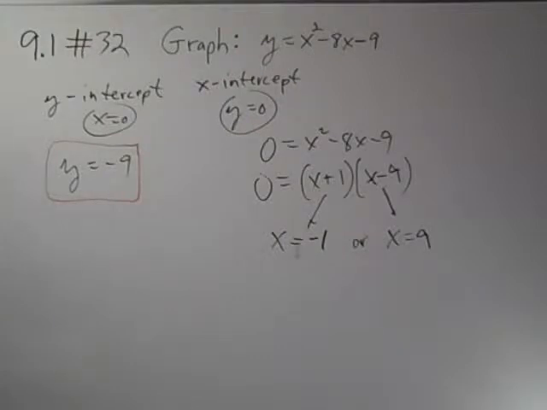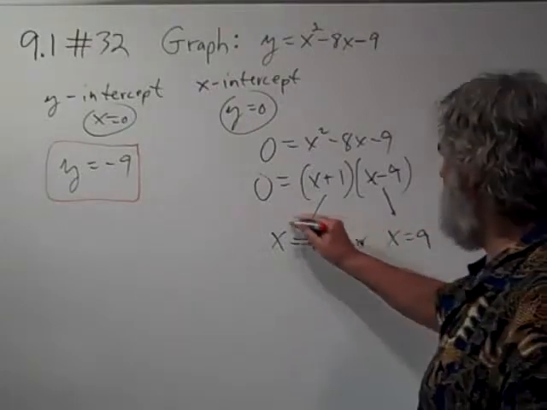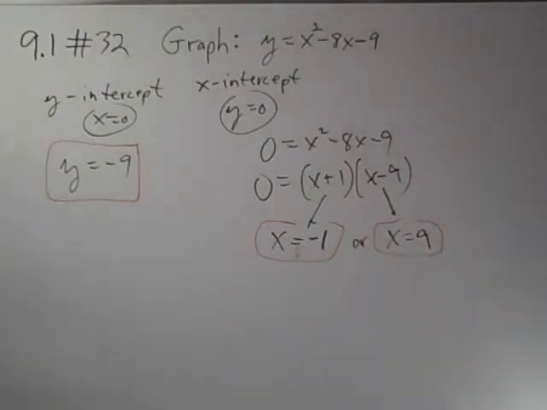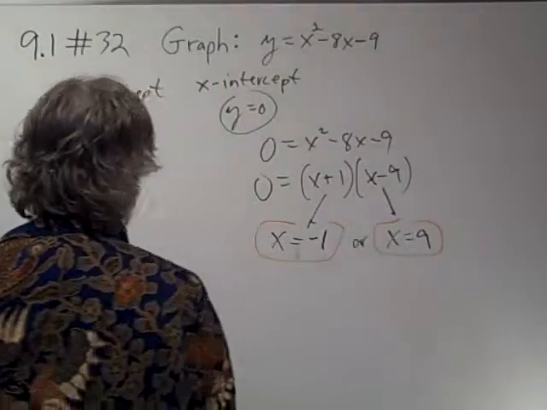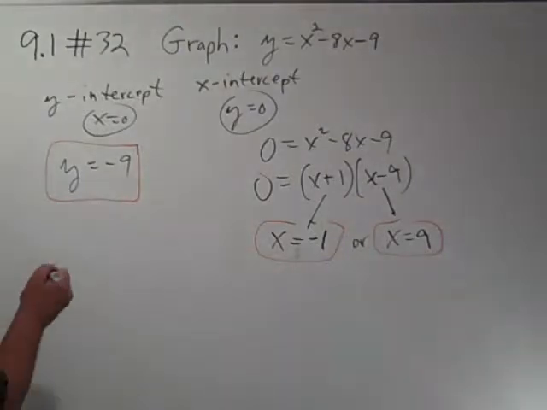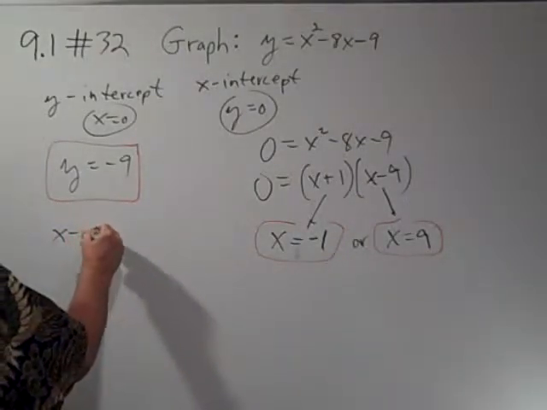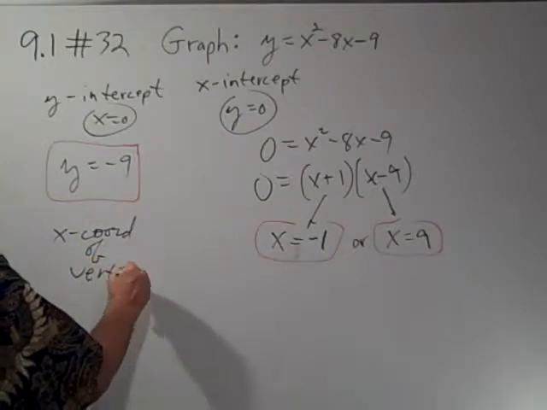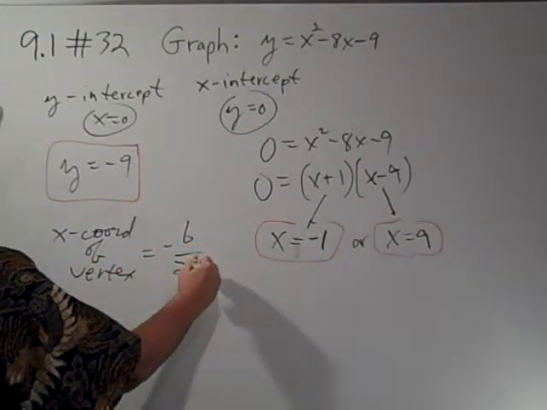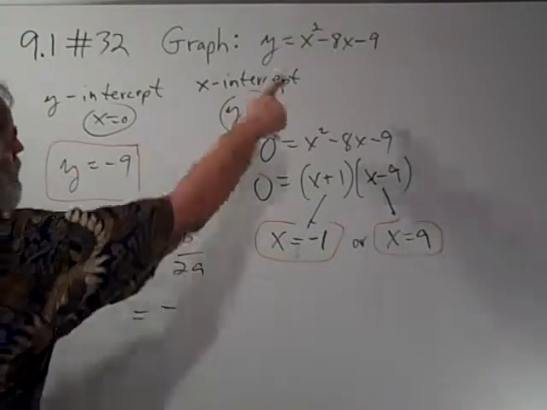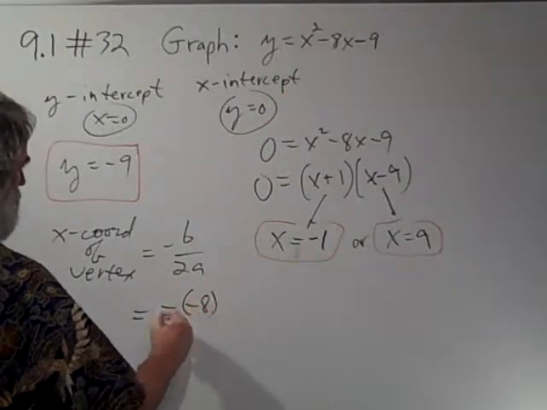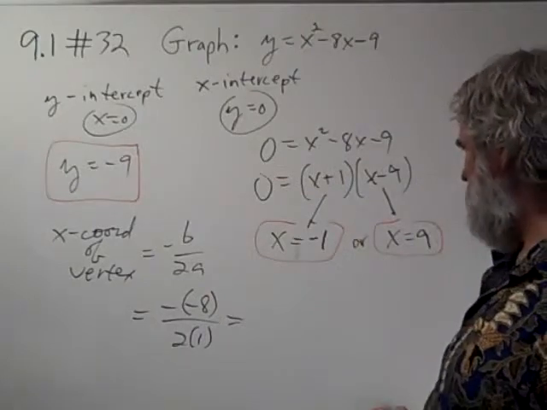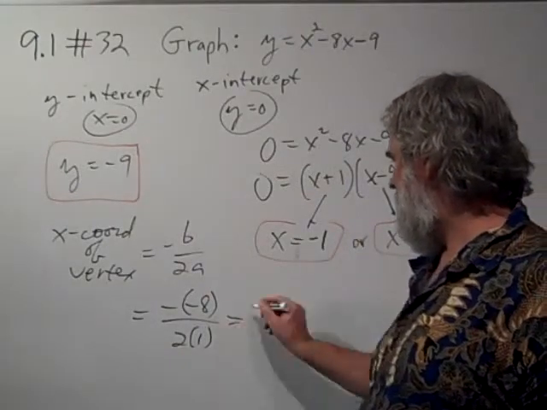So now we found the y-intercept and the two x-intercepts. Let's find the vertex. To find the vertex, the x-coordinate of the vertex is negative b over 2a, so that's negative 8 over 2 times 1. So the x-coordinate of the vertex is 8 halves or 4.